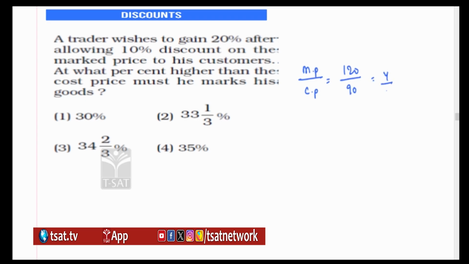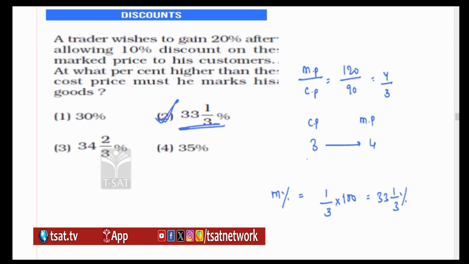Therefore 4:3. So 3 is the cost price, MP is 4. Therefore for the markup percentage, how much is the increase? 1 upon 3 into 100, 33.33% increase. So 33 1/3% would be the markup percentage.